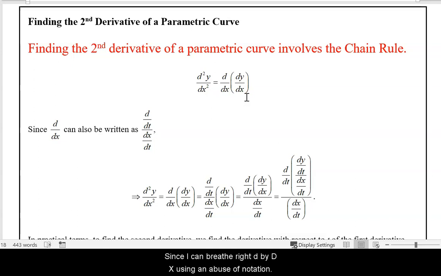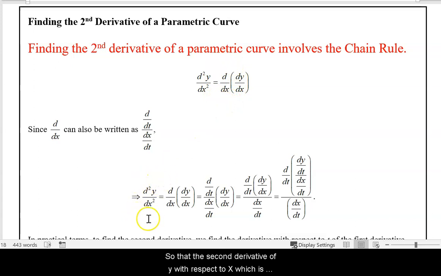Since I can rewrite d by dx using an abuse of notation as the derivative with respect to t divided by dx dt, since, yes, I know they're not fractions, but if we thought of them that way, the dt's would cancel, I can use this in place of the second derivative with respect to x.